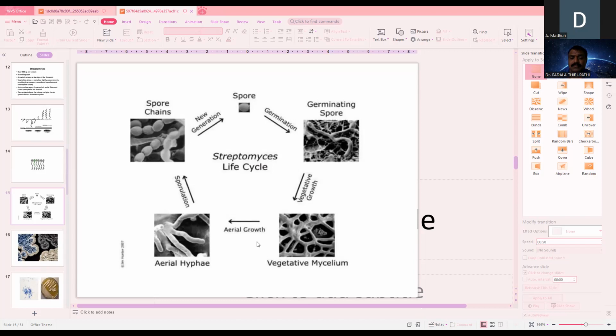As I showed in one slide, first the growth is under the surface, the subsurface, then above the surface. So first vegetative mycelium is formed downwards, then aerial hyphae are formed, and from these hyphae spores develop. Again these spores germinate and form mycelium. Thank you, ma'am.